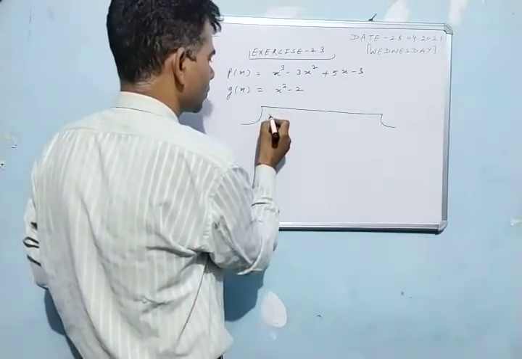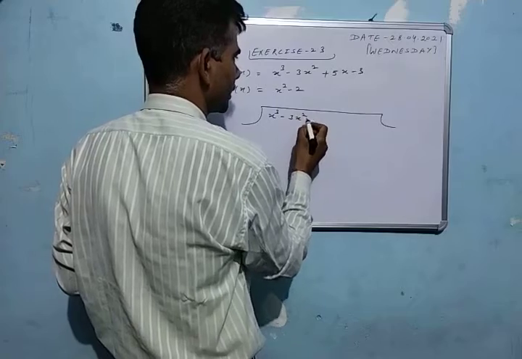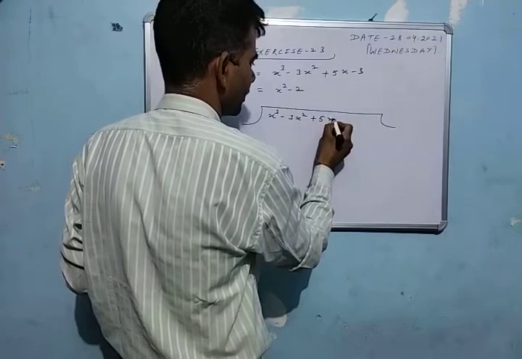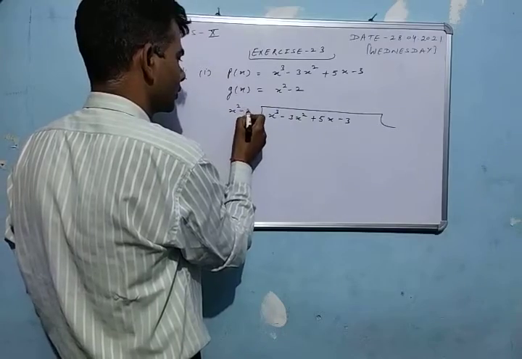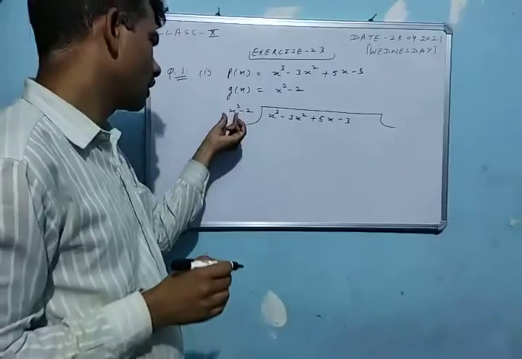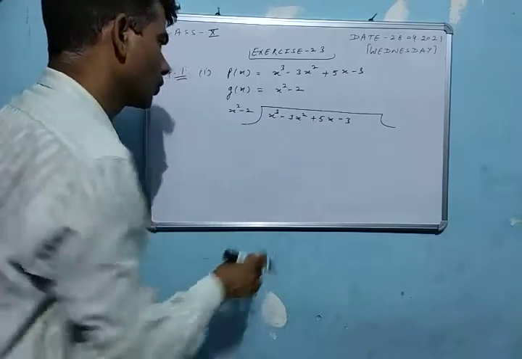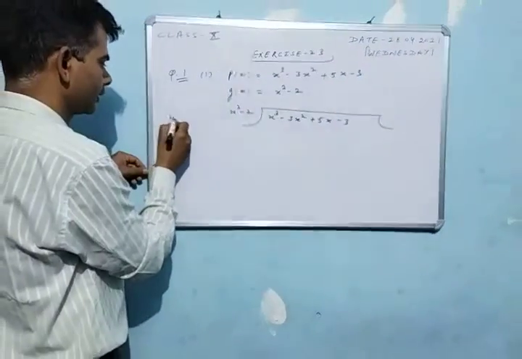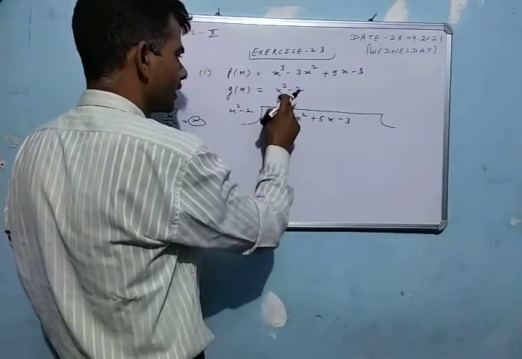Now, students, x cube minus 3x square plus 5x minus 3 divided by x square minus 2. By which number should x square be multiplied so that the result will be x cube? X cube divided by x square is x.